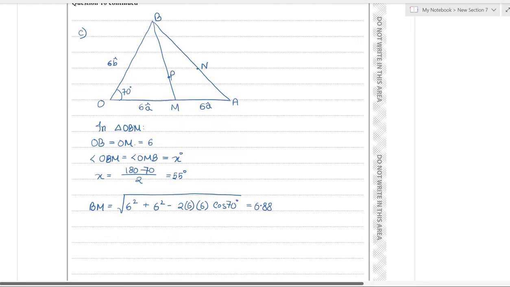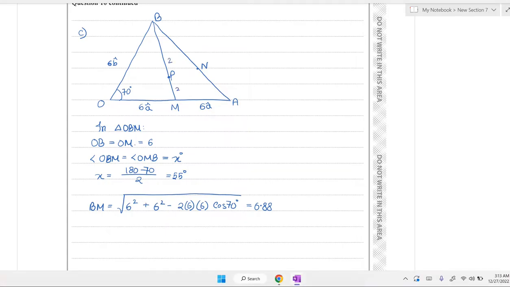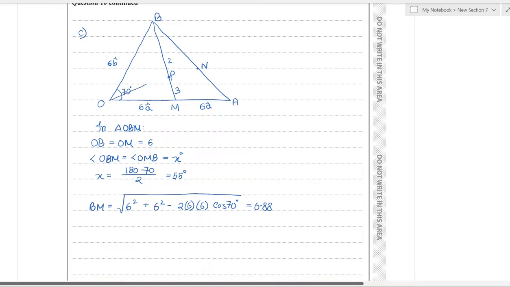Now from our vector part, we already know that point P divides the length BM in the ratio 2 to 3. So if we now focus on triangle OPB, BP is 2/3 of the entire BM length.